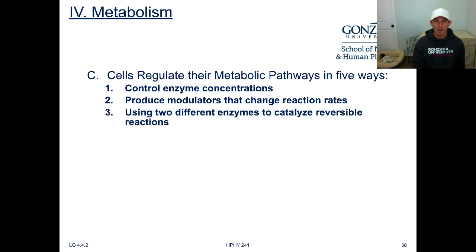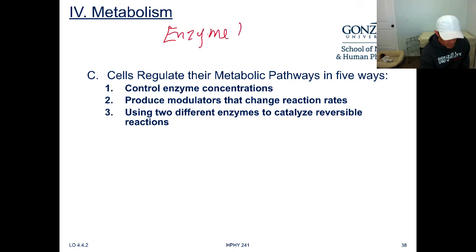Another way that cells control metabolism is they can produce two different enzymes to catalyze reversible reactions. So what I mean by this is, let me draw it up here, enzyme number 1 creates the forward reaction, whereas enzyme 2 creates the reverse reaction.